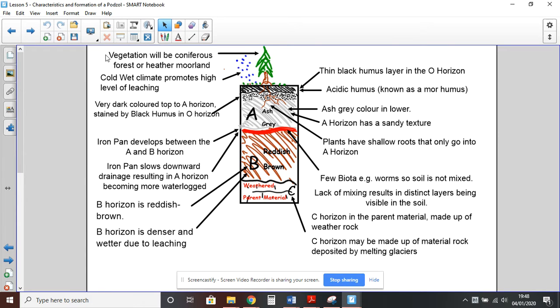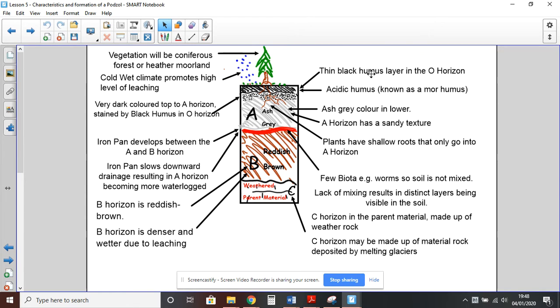So you could say that the soil is formed from coniferous forests, which grow in colder areas of the world, like the boreal forests of northern Russia. And that when the pine needles fall off the trees, they slowly decay to form the thin black humus.